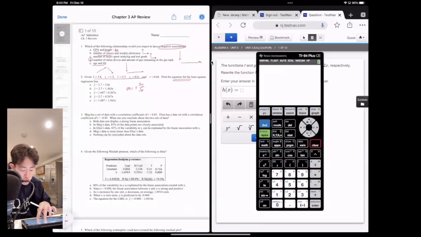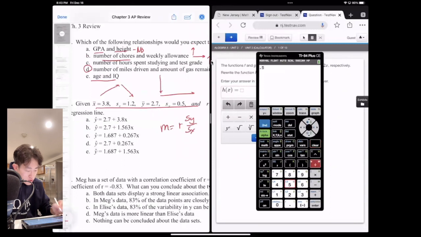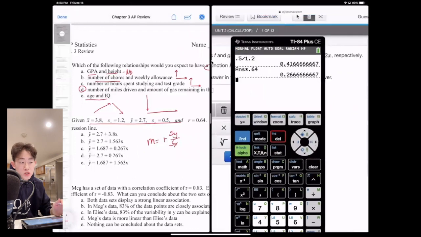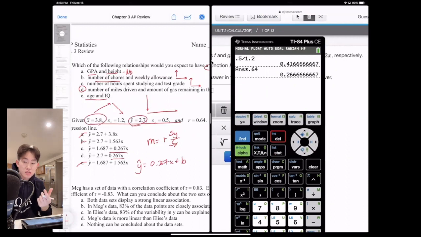So I'm going to take those values, 0.5 and 1.2, and multiply that by 0.64 to get the slope, which tells me that it is 0.266. So that means I'm really down to these two choices, and then I will get y hat equals 0.267x plus b. You will use your pair of points, your x and y, in this equation.